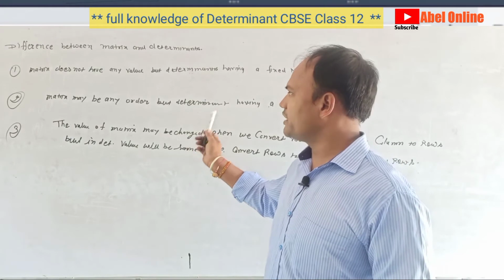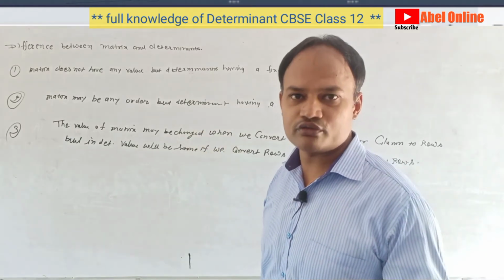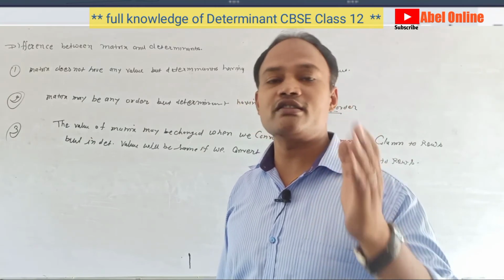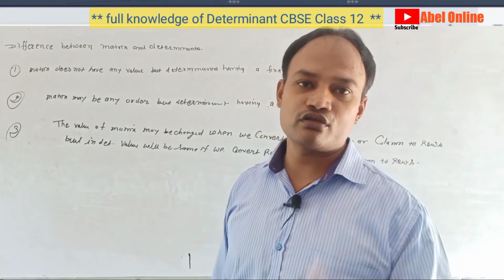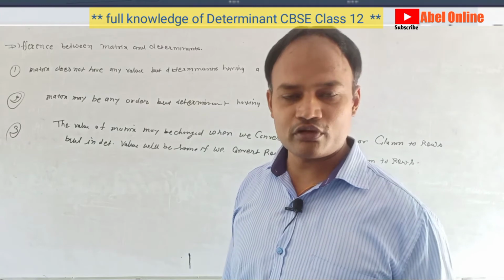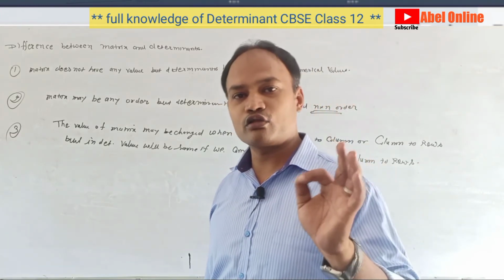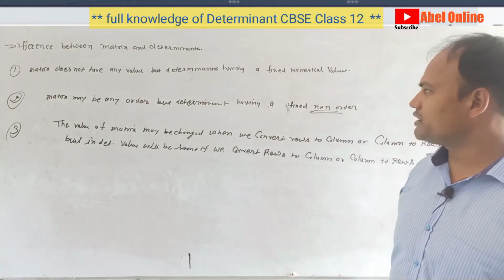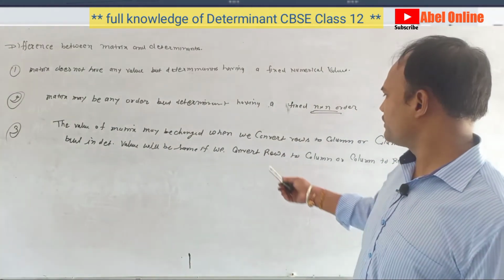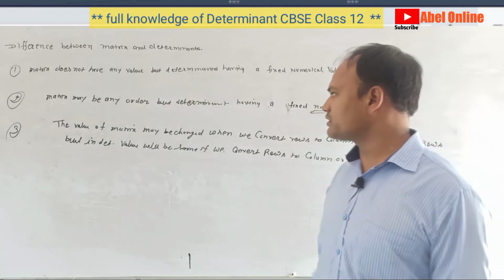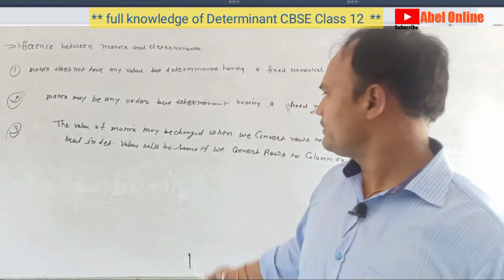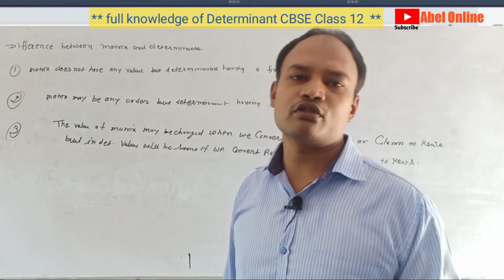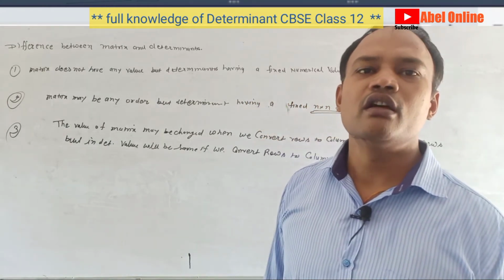Second, a matrix may be of any order, maybe 2 cross 3, 3 cross 1, 1 cross 1, 7 cross 1, but a determinant is 1 cross 1, 2 cross 2, 3 cross 3, 4 cross 4, that is, n cross n. Third, the value of a matrix may change when we convert rows to columns or columns to rows, but the value of a determinant will be the same. So this is the difference between matrix and determinant.